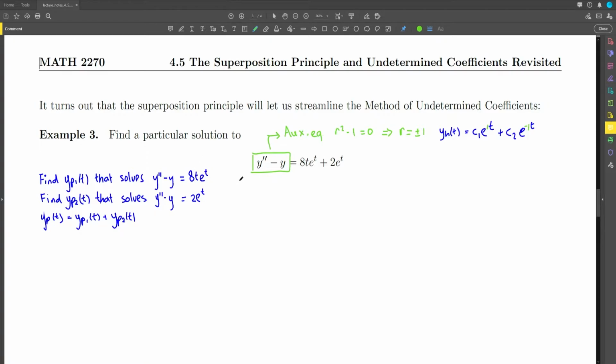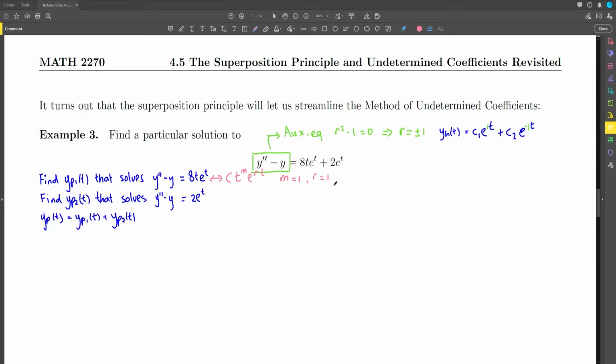So let's take a look at yp1, and we're going to compare that with the right-hand side. Remember, it is c times t to the power m e to the power rt. Compare that. We don't worry about c, but we do see that m equals 1, and we see that r equals 1, and that is a root of the auxiliary equation. It's a root of multiplicity 1.